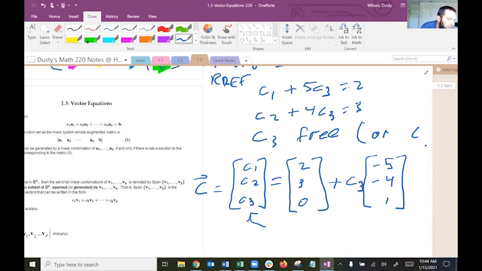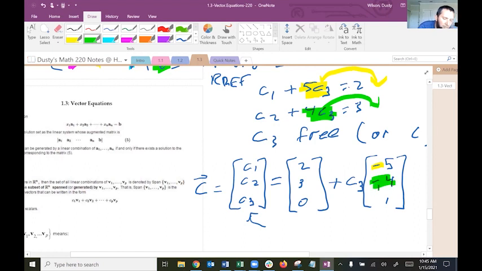And notice it's negative here. The reason is because imagine taking that 5C3 and moving it to the other side, and taking that 4C3 and moving it to the other side, which is why you'd have a -4 there. Questions?